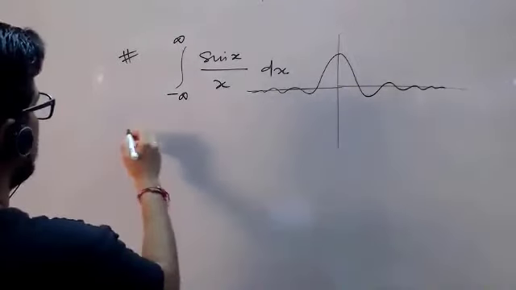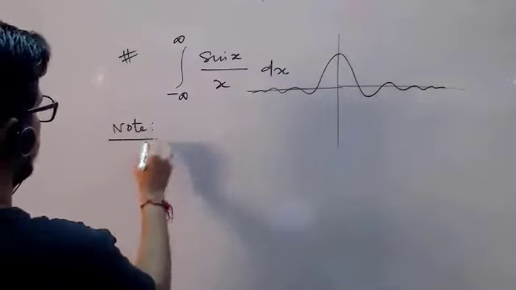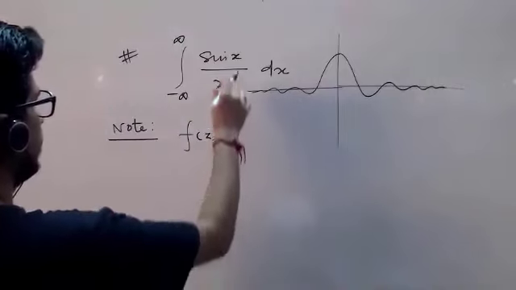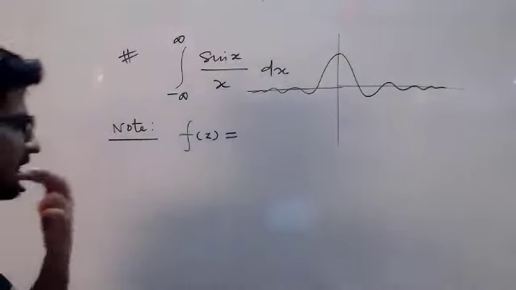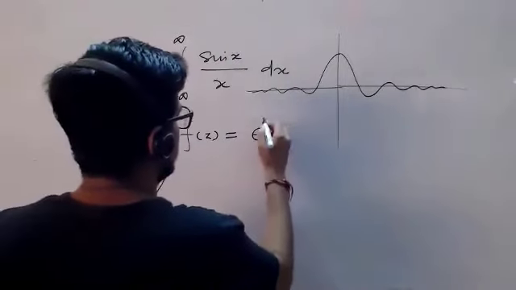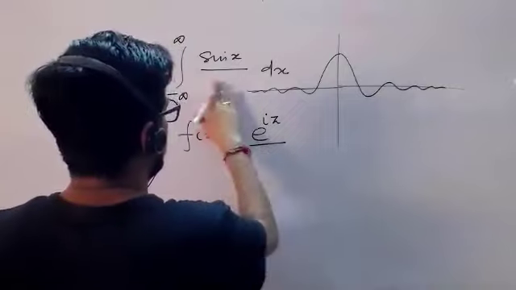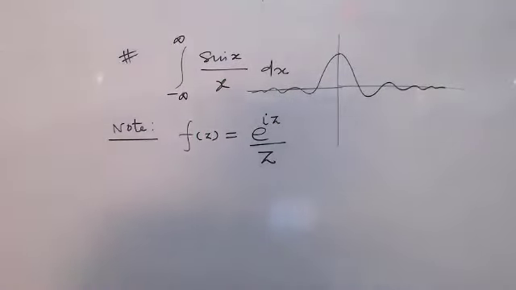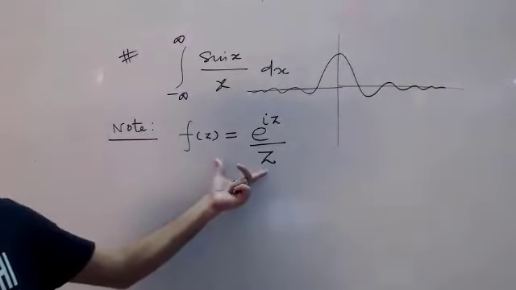Please pay attention. I will write f(z); if there is sine or cos I have to write e to the power iz, and for an algebraic term directly z, and for the answer I will take the imaginary part of this.